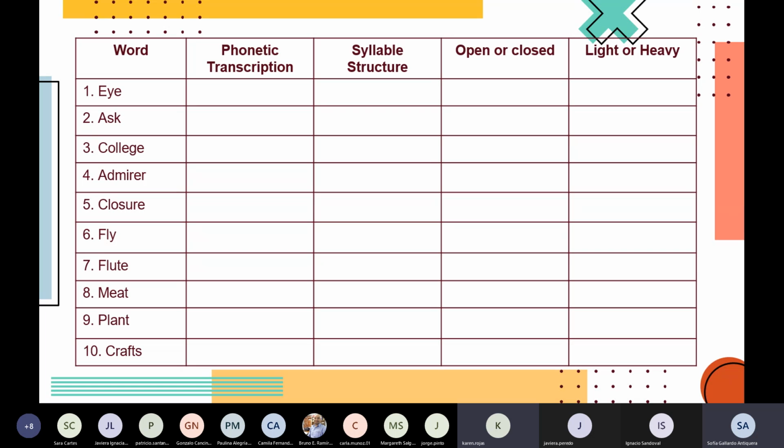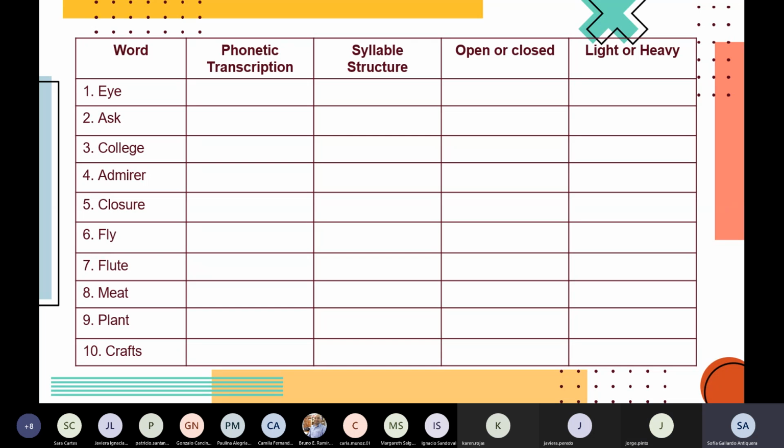Okay, the next one can be Jorge Pinto, maybe? Yes, the syllable structure, vowel, consonant, consonant. It's a closed syllable and I think it is heavy. Okay, we will review it later, don't worry.